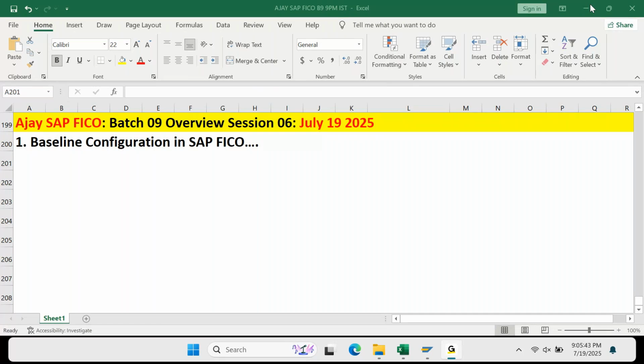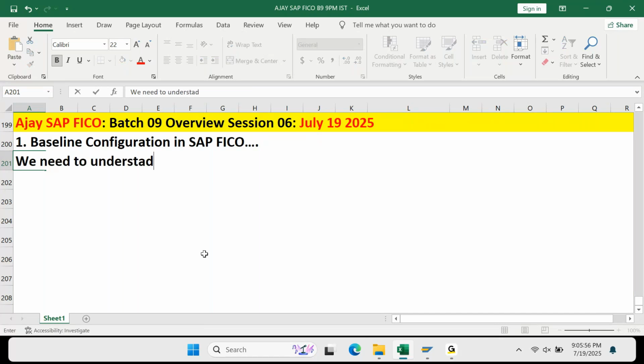The first point is that we need to understand the company name and business details or business process.